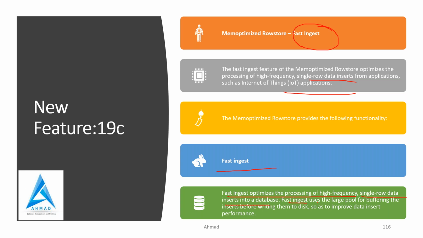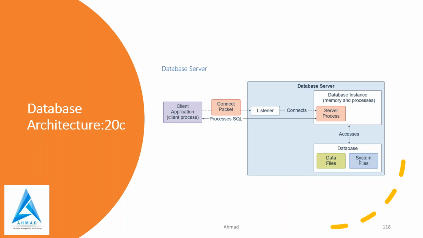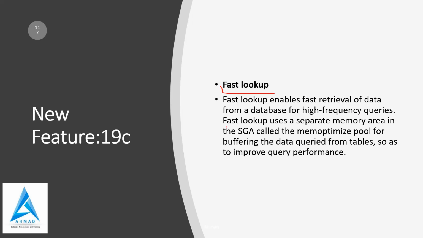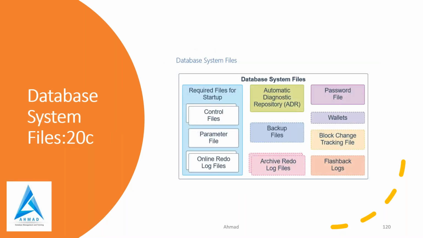Fast ingest uses the large pool for buffering the inserts before writing them to disk, so as to improve data insert performance. So the large pool burden will increase this way. Okay, so this feature is basically used for fastest lookup, fastest retrieval and fastest insertion of your data, right? So that is the new thing that happened in 19c.